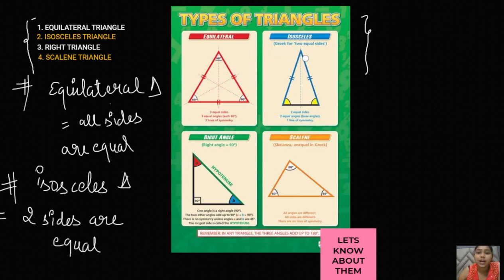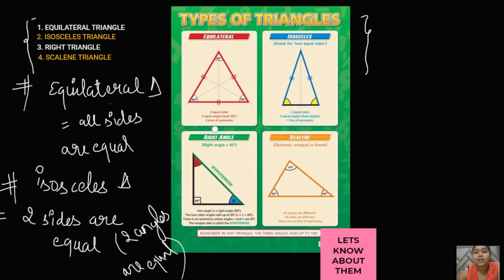Isosceles triangle actually means two equal sides, and because the two sides are equal, the two opposite angles are also equal. Now you people will question why the opposite angles are equal. I'll answer that in the other slides. There is a certain proof, a theorem related to this, and we'll just discuss it.